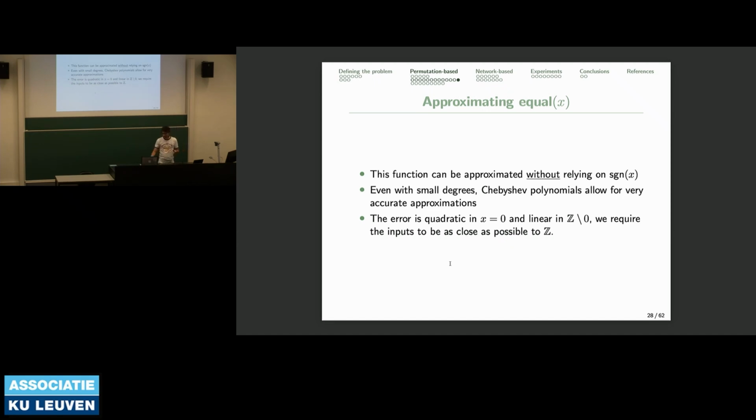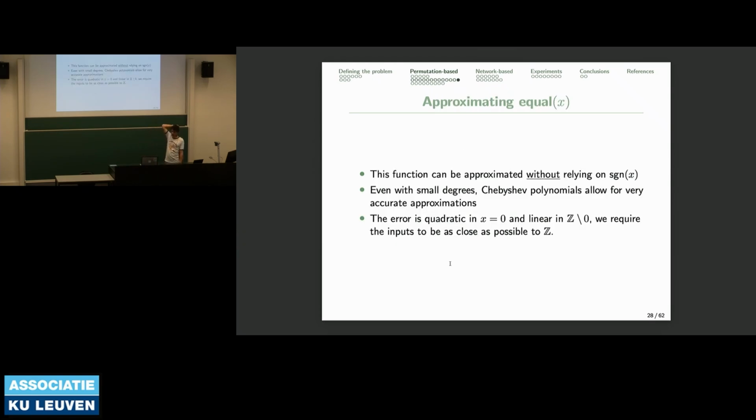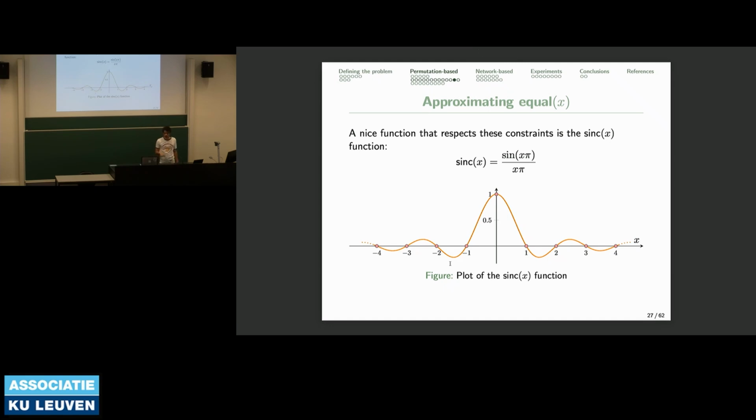So essentially this procedure just relies on the signum function once and on the sync function, which is this one, once. With respect to the previous work of MIHP, they used the signum function 3 times. We are using it just once.